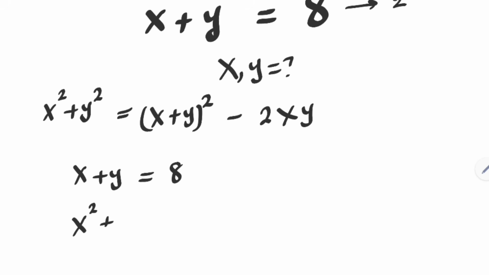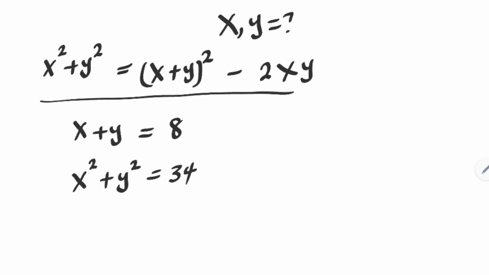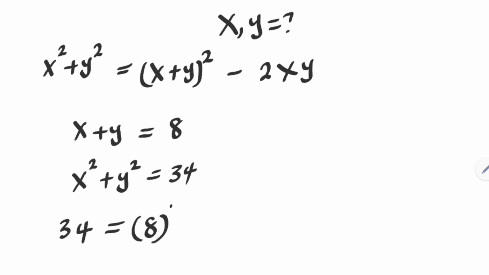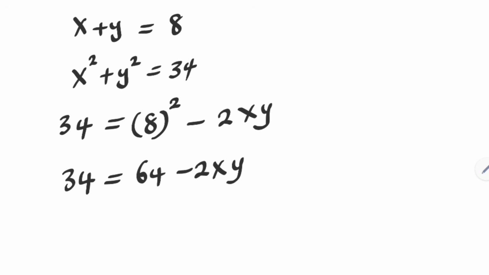This can be written as 34 is equal to 8 square minus 2xy. Then this is 34 is equal to 8 square, that is 64, minus 2xy.